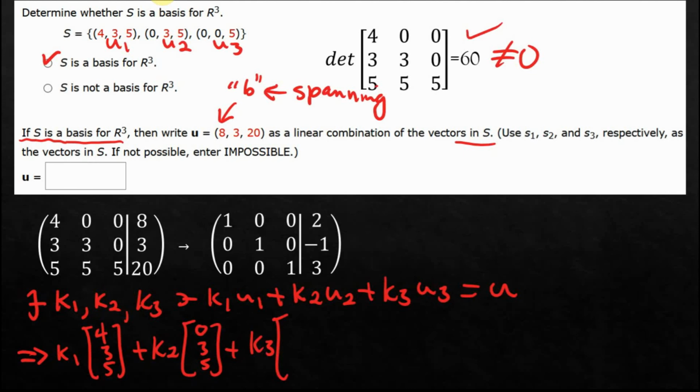All they're doing is taking the definition for linear combination, which is right out of the spanning book. That's equal to the vector u, which is 8, 3, 20.